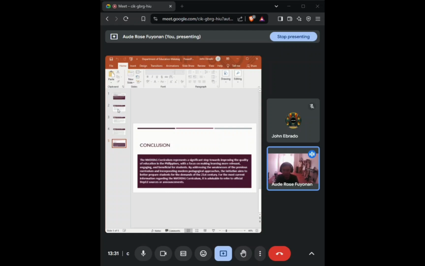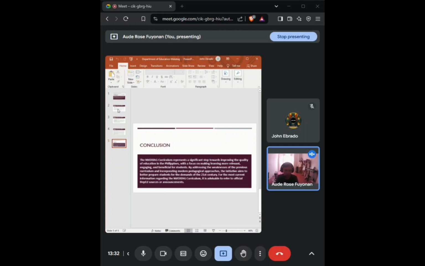The last one, my conclusion. So, the MATATAG curriculum represents a significant step towards improving quality education in the country. Again, it focuses on making learning more relevant and engaging, which is beneficial for students because it gives a pace for learning and standard approaches of the system.